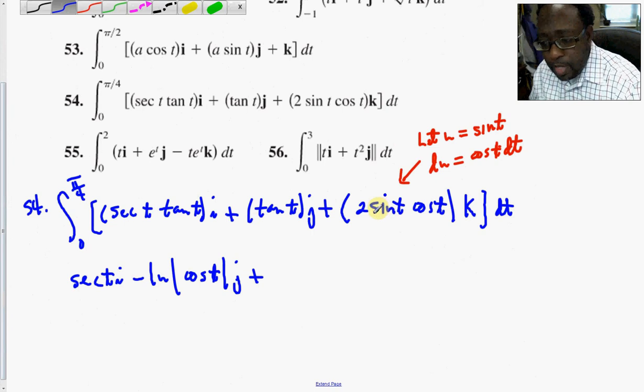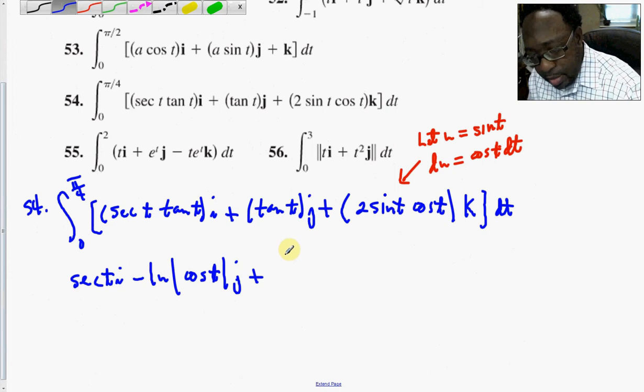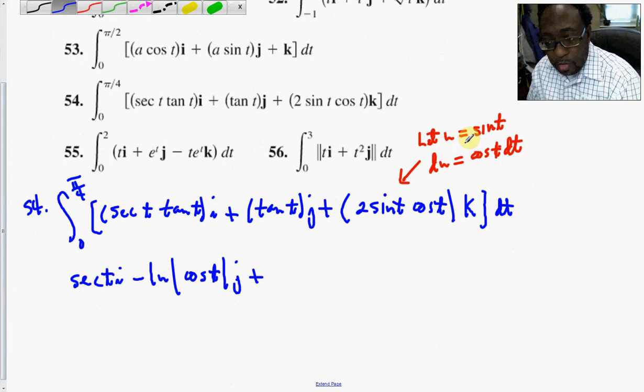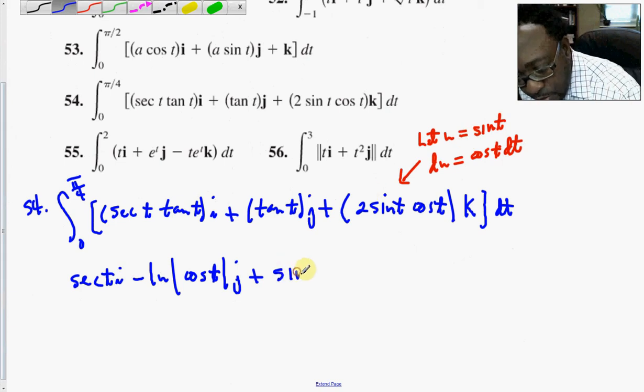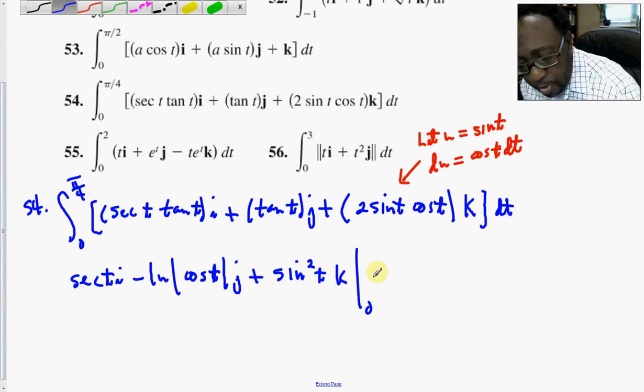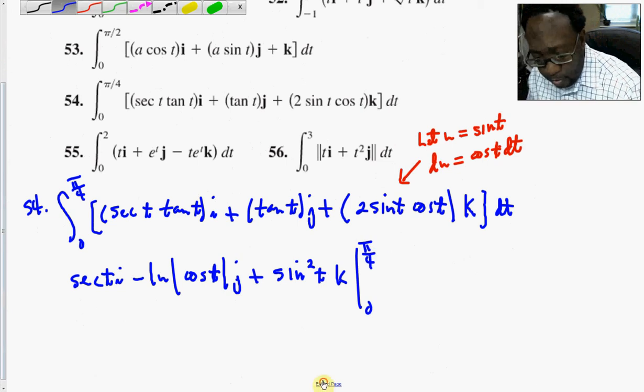This basically becomes the integral of 2 times u du, where u is sine t, so you integrate u, you get u squared over 2 times this 2. That just leaves us with sine squared t k. And this is all being evaluated from 0 to pi over 4.